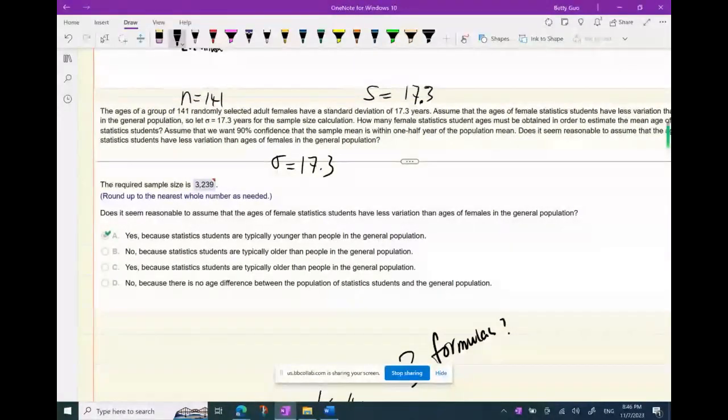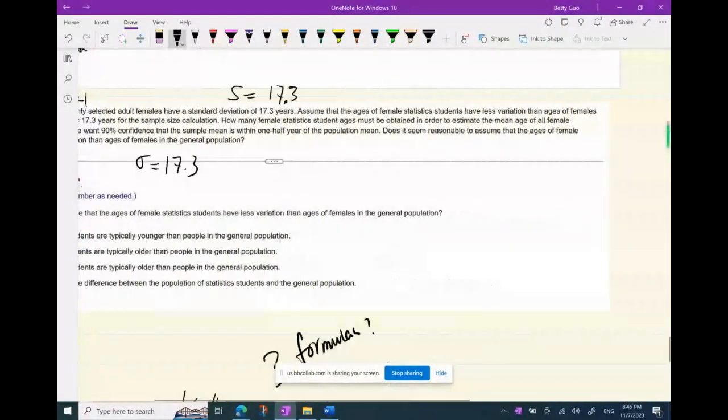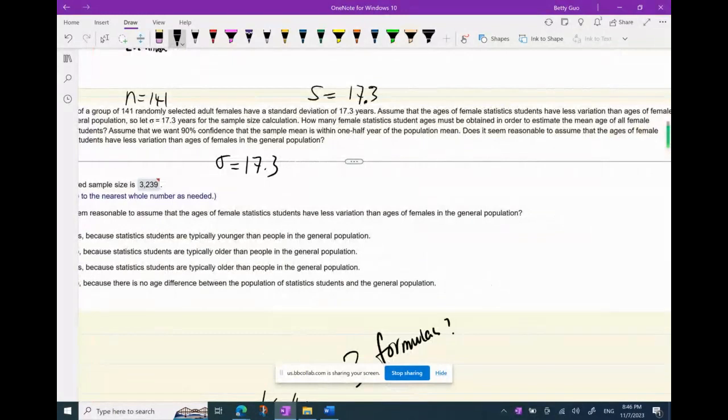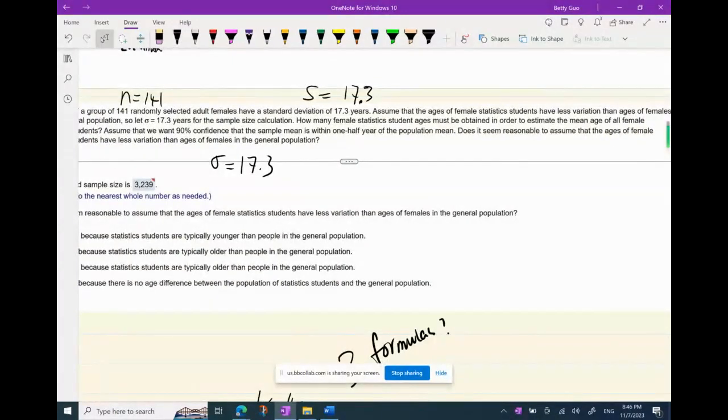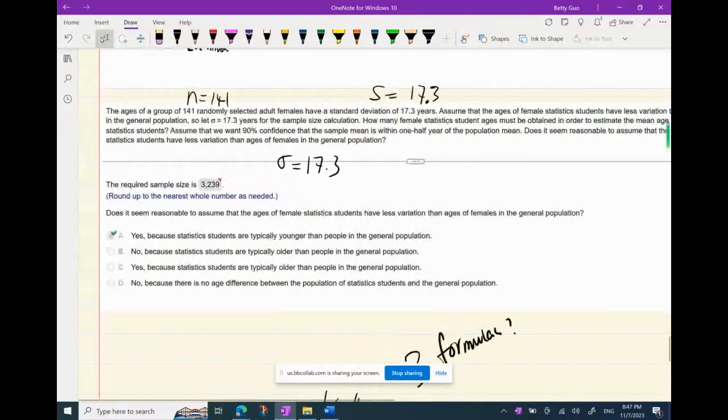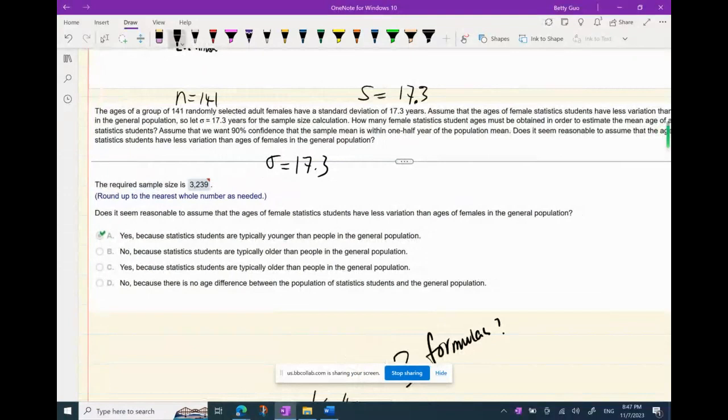Okay, this is about the minimum sample size, isn't it? In order to estimate the mean age of all female statistics students, okay, the formula is, hold on.